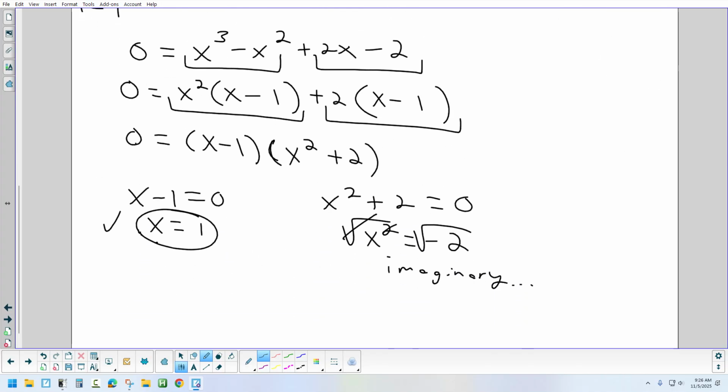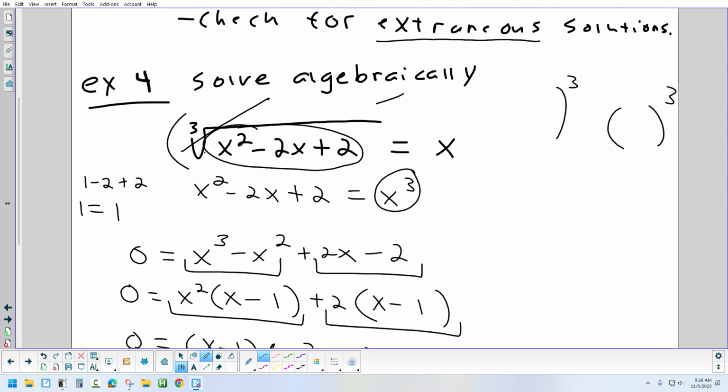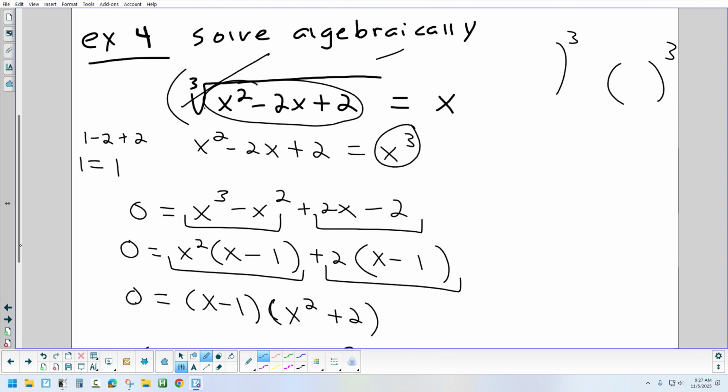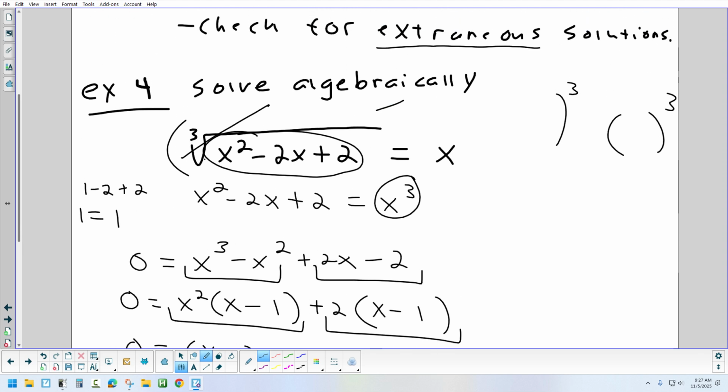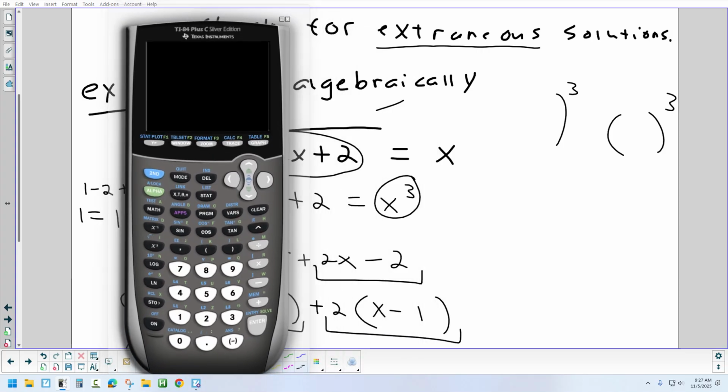If it was extraneous, what would have happened is you would have gotten something like 2 equals 3, or something. You would have got one number on the left and a different number on the right. What would happen if you plugged in the imaginary? If you plug in the imaginary, then you're going to be trying to deal with the cube root of an imaginary number.